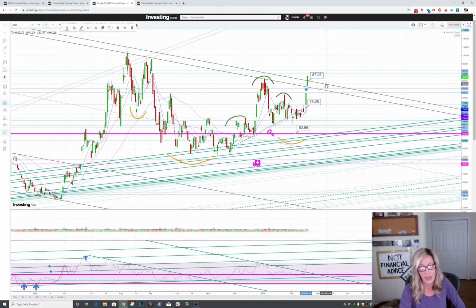So I hope that it goes up, and then maybe if it does come down to retest, if you didn't take my not financial advice before, if it does come back and retest these black lines and fill this gap in the process, that might be a good time to take a stab at a long, if you're not a Momo trader or whatever. That's what I would do if I missed it. Okay, so that is JNUG.